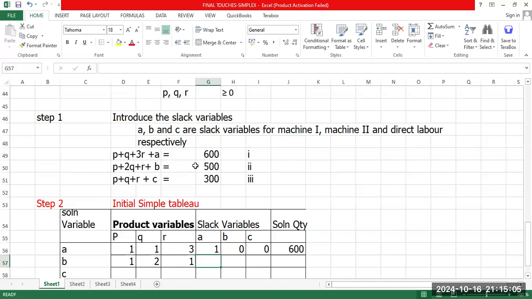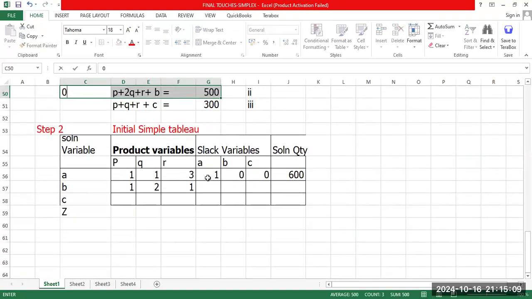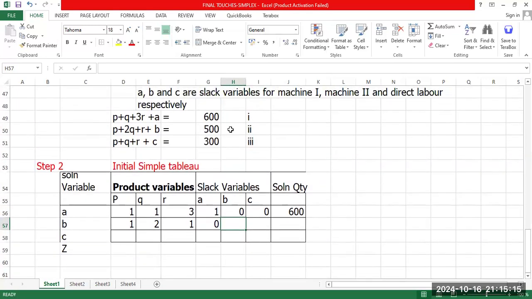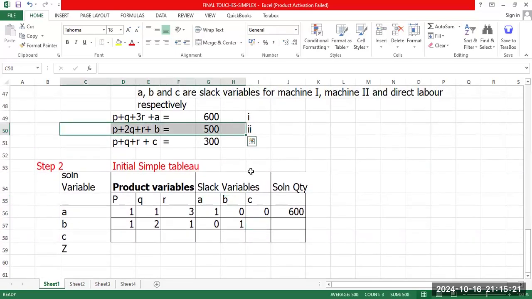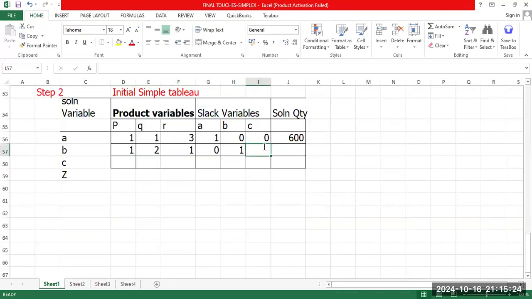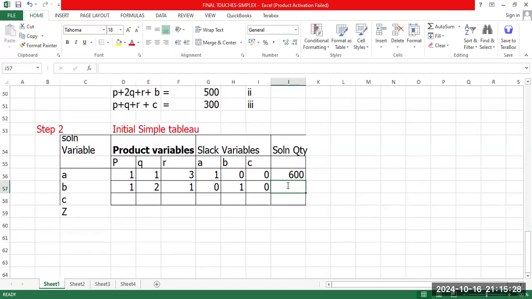Then do you have A in equation 2? No, put 0. Do you have B in equation 2? Yes, put 1. You don't have C in equation 2, so this one will be 0. What is the value after the equal sign? 500.